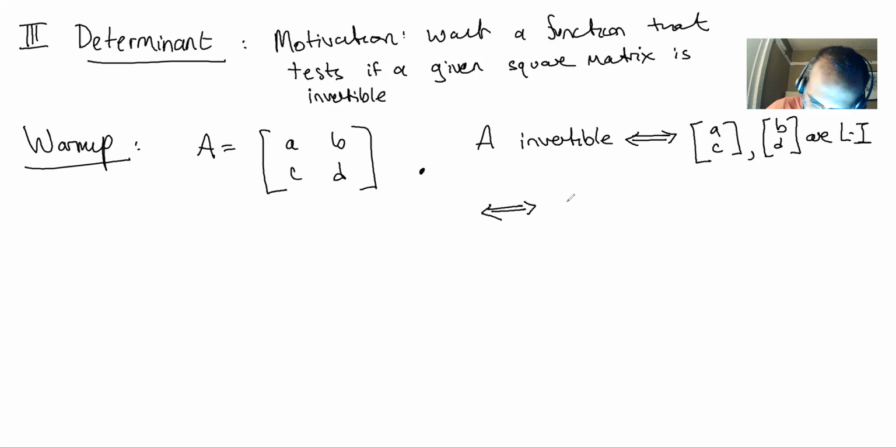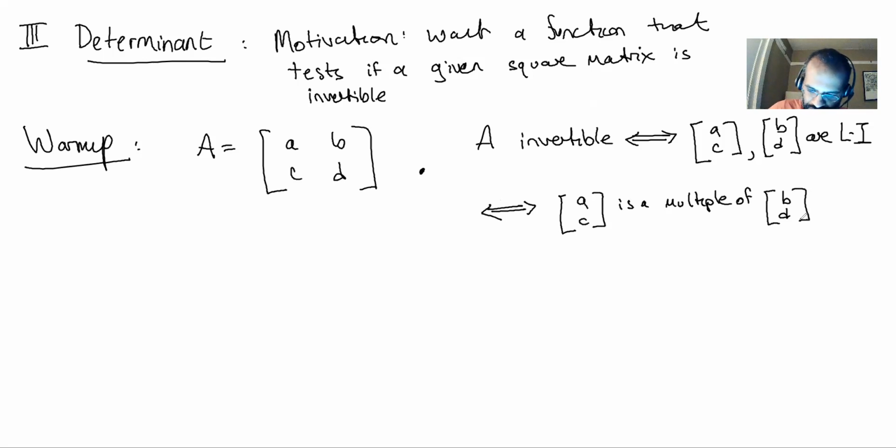This is if and only if (A, C) is not a multiple of (B, D). And how could (A, C) be a multiple of (B, D)? Well, there are only two options. This holds if and only if A over C is not equal to B over D. That's what it means for two vectors in R2 to be parallel, that the ratio of the entries is the same.